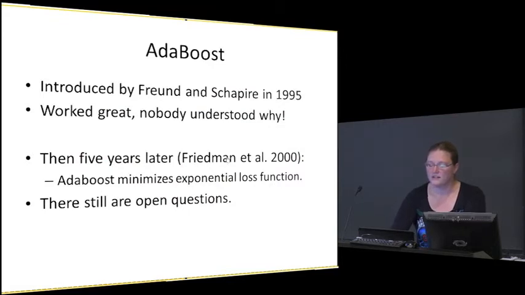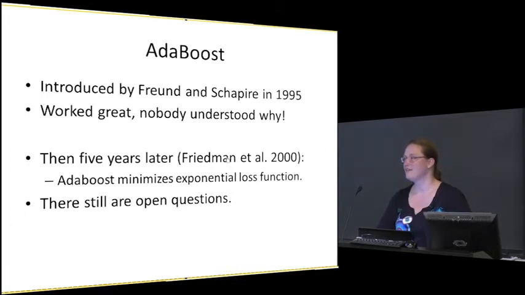So the fun fact about AdaBoost is that it was introduced in 1995, and it worked really cool, and nobody understood why. Everybody was puzzled, right? Because these decision stumps don't really perform that well on their own. And they just had this hacky idea of reweighting the samples and got such astonishingly good results.